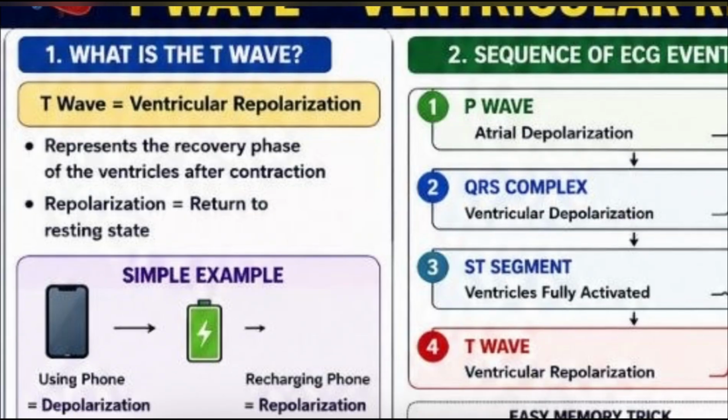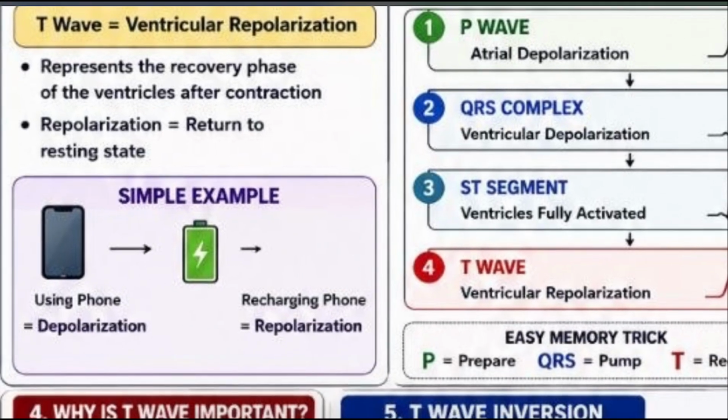Okay, for example, imagine charging your mobile phone. Right now this is your mobile phone. Whenever you are using the phone, that part we call depolarization. Recharging the phone is like repolarization.